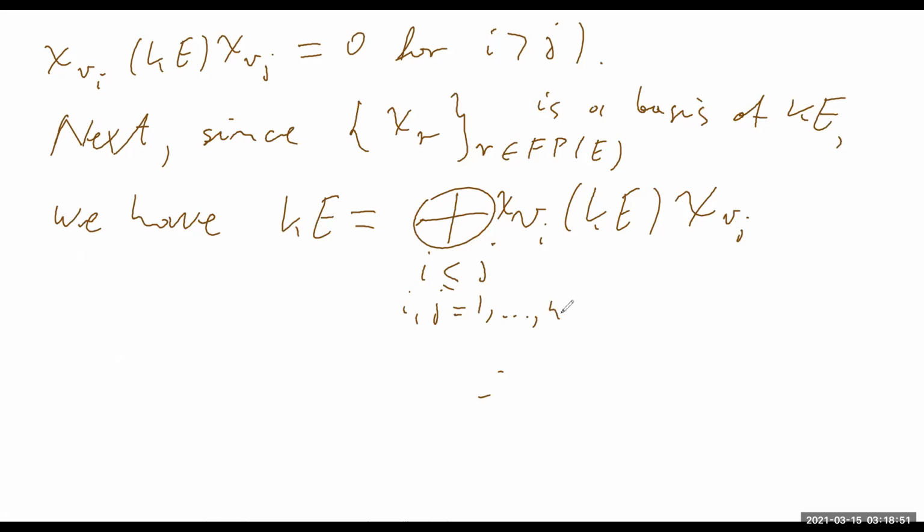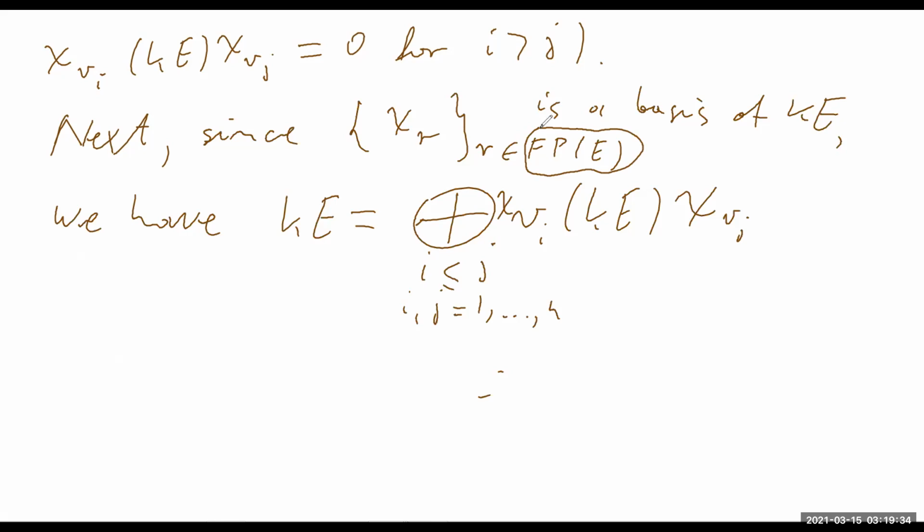Well, you simply have 0 when you look at chi vi ke chi vj for i bigger than j. This is why I can restrict myself to i less than or equal to j. And the other thing is obvious. Remember that our path algebra is spanned by finite paths, and every finite path must begin somewhere and must end somewhere. So I can simply write my space of all finite paths as the disjoint union of all paths that start at the vertex vi and end at the vertex vj. And then I run i and j through the numbers from 1 to n, right?